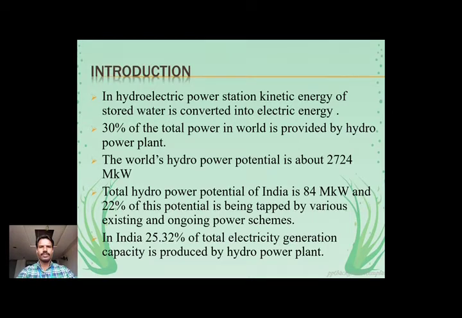The total consumption of the world is 2724 megawatt. In India, we are producing around 84 megawatt, which is almost 25.32% of total electricity generation. We are already producing 40% of energy this way, and 60% of energy through thermal power plants.